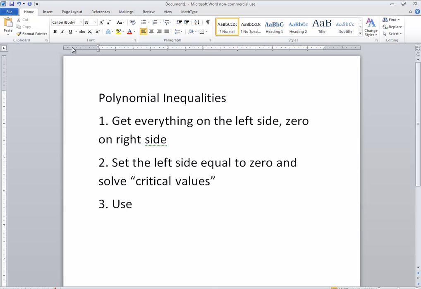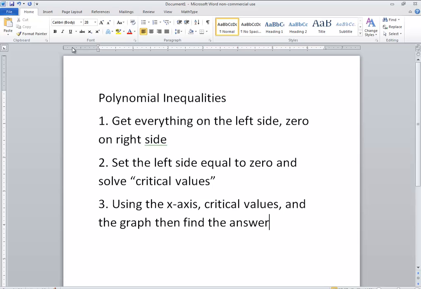Step 3, using the x-axis, the critical values, and the graph, then find the answer.